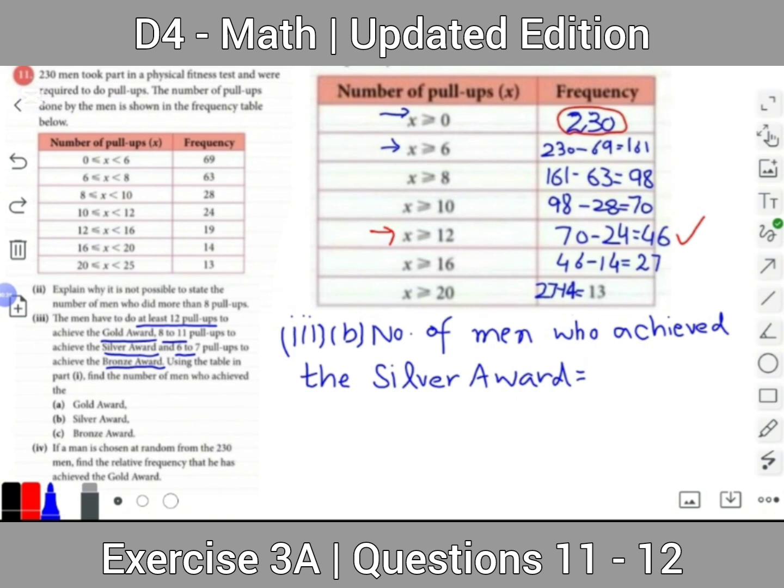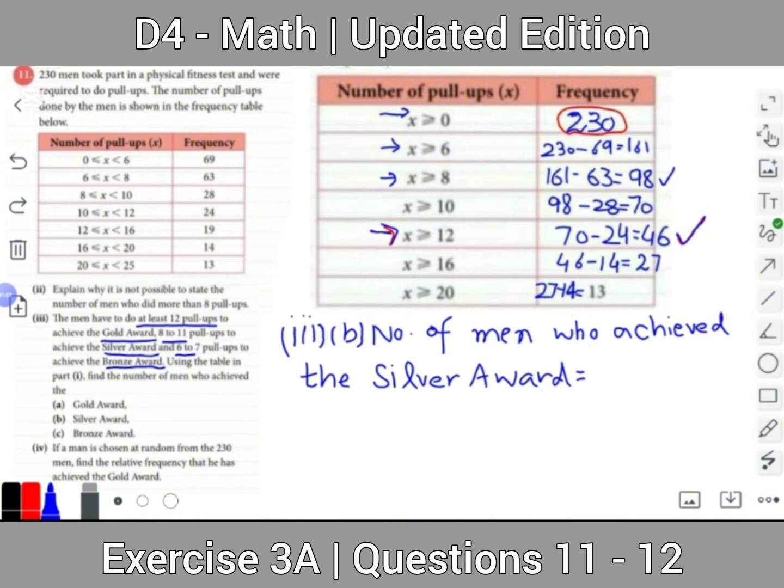So for 8 pull-ups, we have the frequency 98, and since there is no information regarding 11, we will see the value for the 12 pull-ups, and this value is 46.